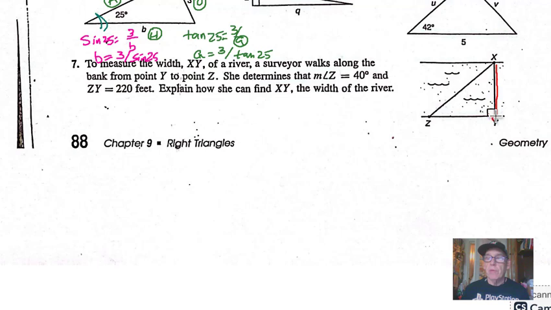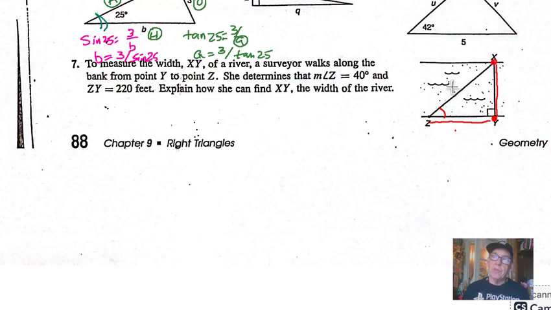What they do is they start at one point on the side, they pick some kind of a landmark on the other side, like a rock or a tree, and then they go some distance off to the side and take a sighting of that opposite point and figure out what that angle is, or estimate what that angle is. They know their distance, they know the angle, and then this becomes the opposite side.